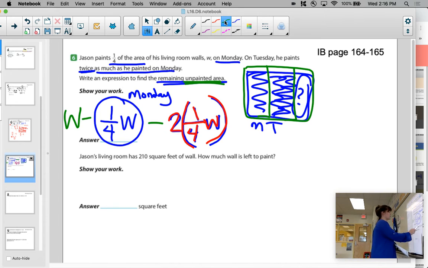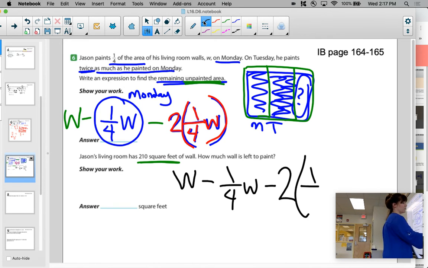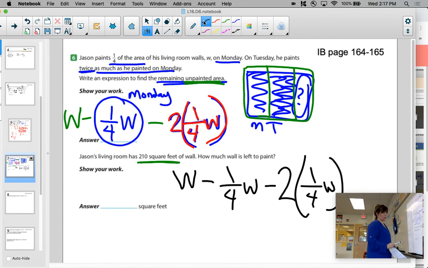So now we're given W. Hallelujah. So now it's a big pluck and plop problem. So here it is, W minus 1/4 W minus 2 times 1/4 W is our expression. Now let's pluck and plop.